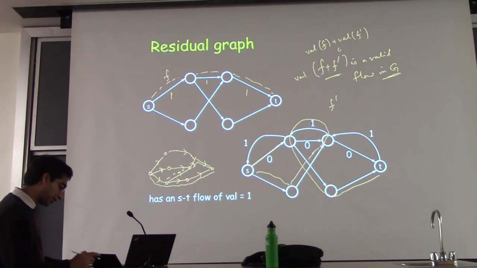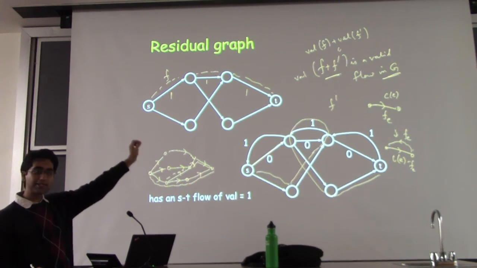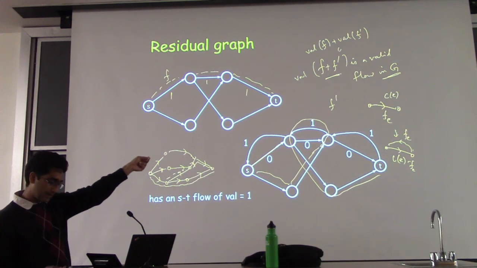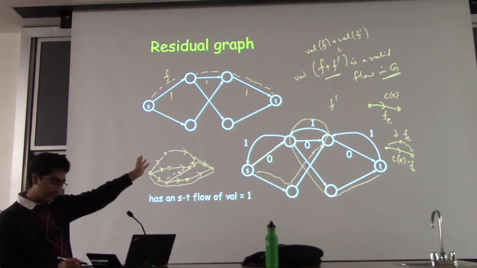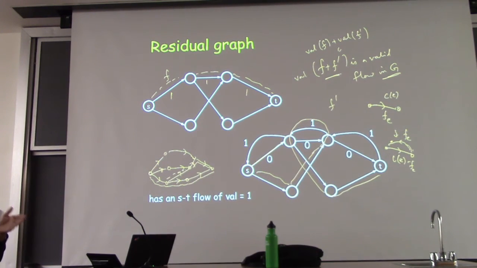If you look at any edge, initially you send some flow Fe, and let's say this had capacity C of E. In the residual graph, you'll have a forward edge of capacity C of E minus Fe, and a backward edge of capacity Fe. Now, if you use that backward edge, the most flow you could have sent on that backward edge is Fe, right? And if you even sent Fe, then it's like saying you cancelled out the forward path.